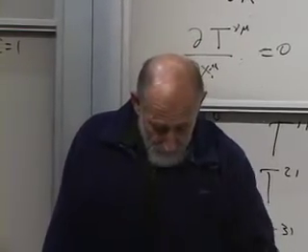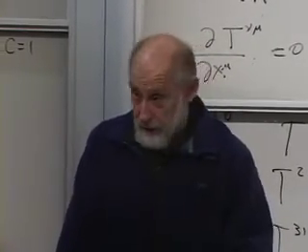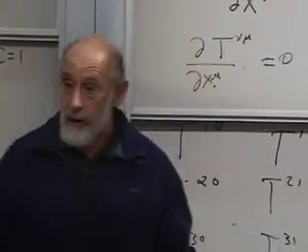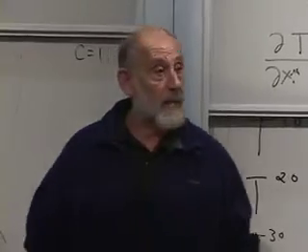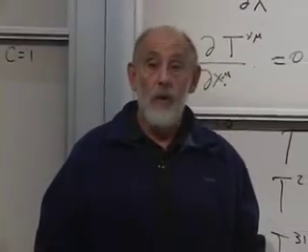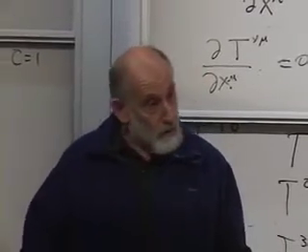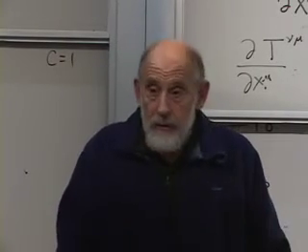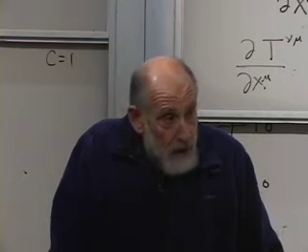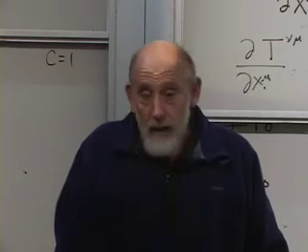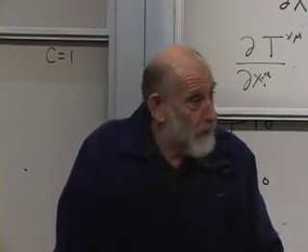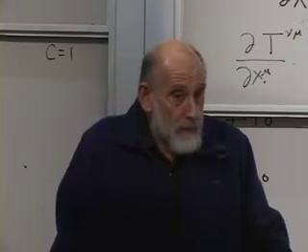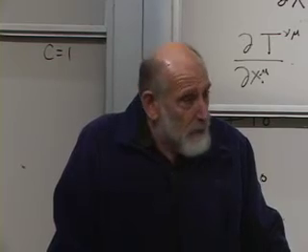Okay, so now we have the basic ingredients for general relativity. We have geometry, which represents the gravitational field, and we have energy and momentum, which represent the source of the gravitational field. Normally, we think of the source of the gravitational field as mass, but E equals mc squared. So if c is equal to 1, energy and mass are the same thing.